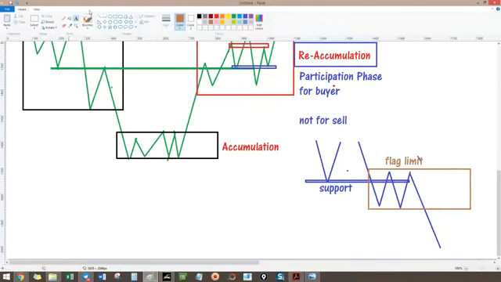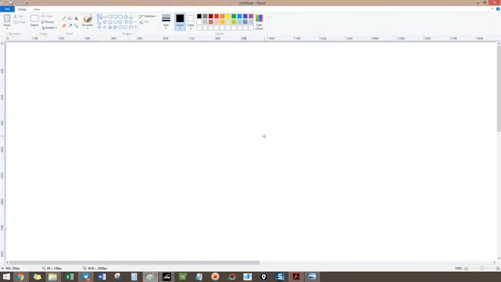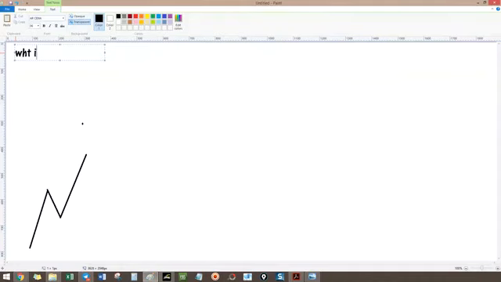For example, you have an uptrend like this, uptrend like this, uptrend like this. Okay, you have something like this, like this, like this.